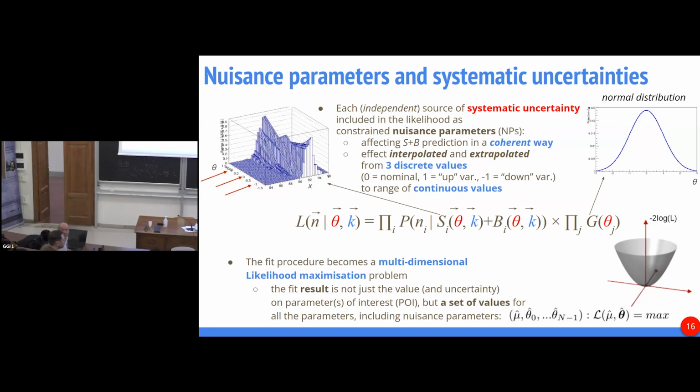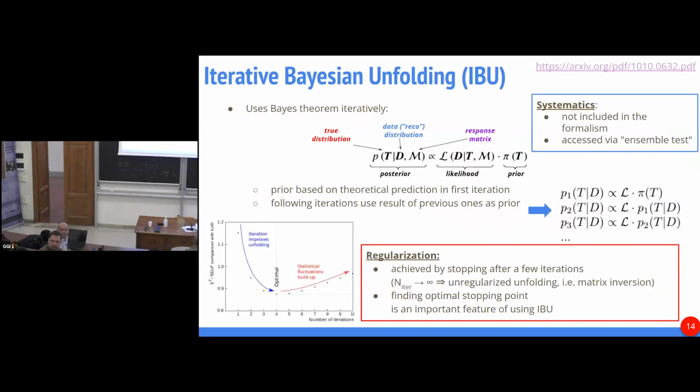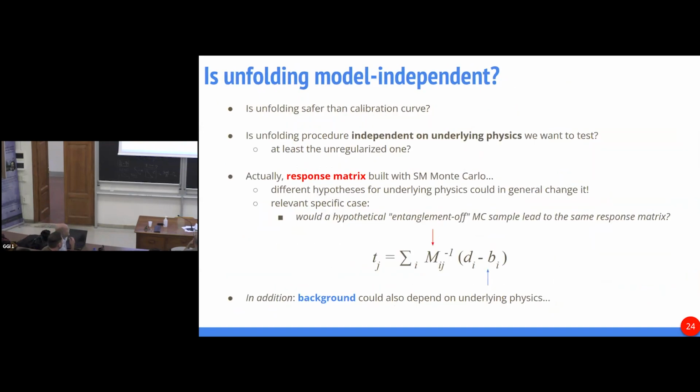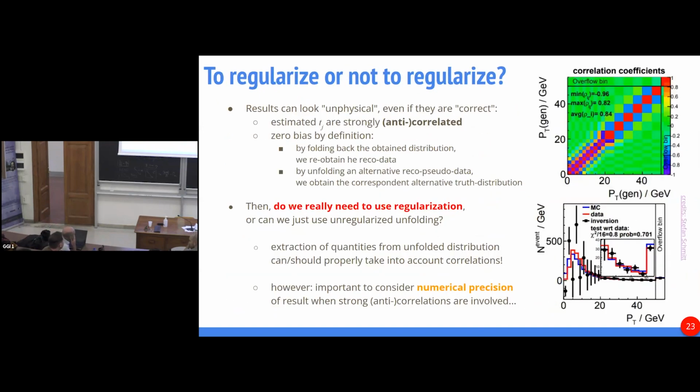I had one comment on your unfolding part. One thing we talk a lot about is correlations, but with unfolding in particular, sometimes that gets lost. If you measure, for example, the whole spin density matrix, you had better figure out all the correlations between systematics and all your bins, because that has an impact on the final precision of your measurement.